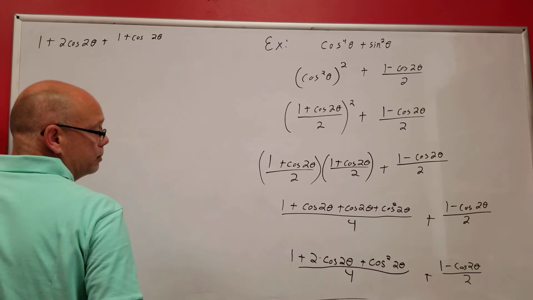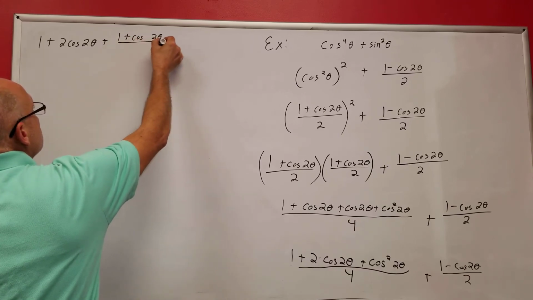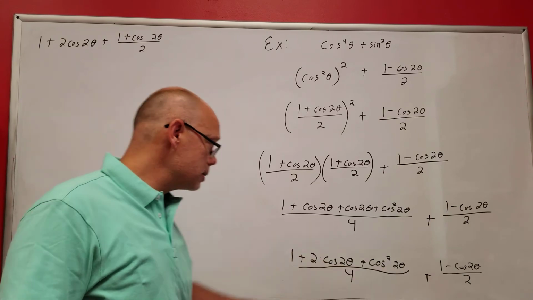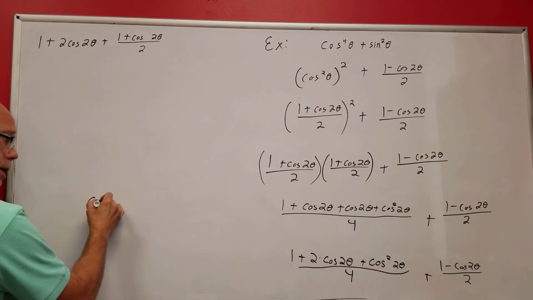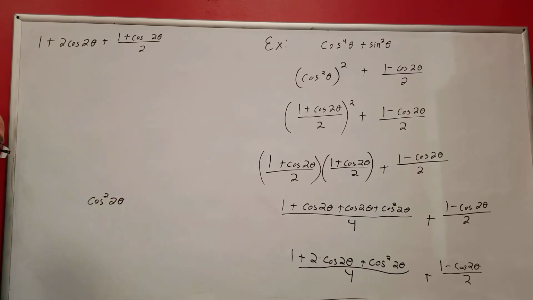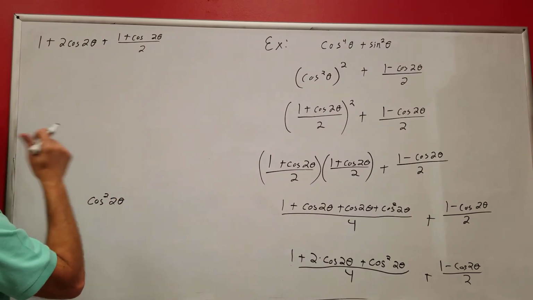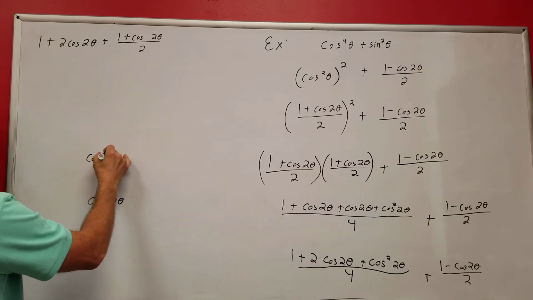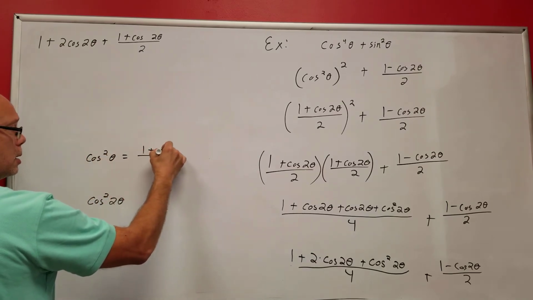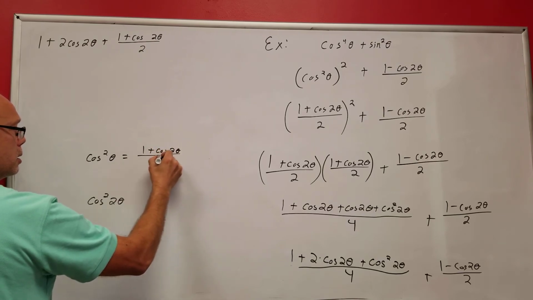Of 2 theta over 2. Now let's think about this for a second, okay? To rewrite this, I'm just going off to the side doing scratch work. Cosine squared of 2 theta. All right, what was my identity? My identity was what? Cosine squared of theta is equal to 1 plus cosine of 2 theta over 2, right?